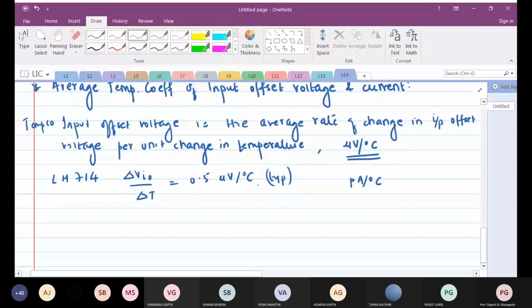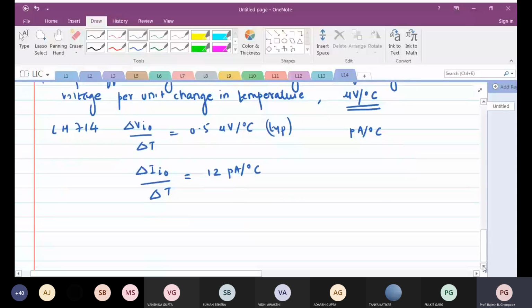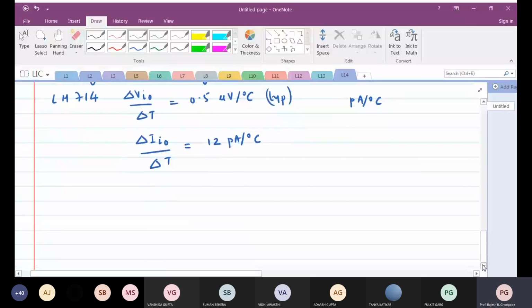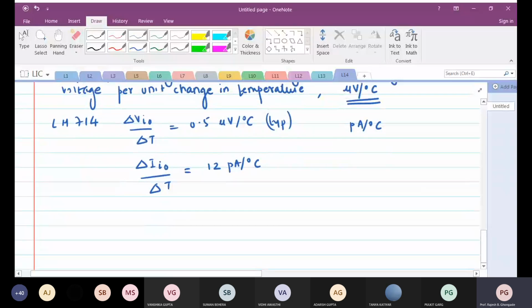And the average temperature coefficient of input offset current, that is delta IIO by delta T, happens to be 12 picoampere per degree Celsius. So these are all things which are specified for precision operational amplifiers.